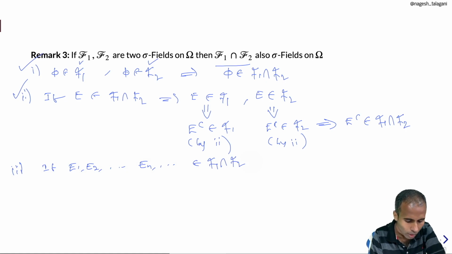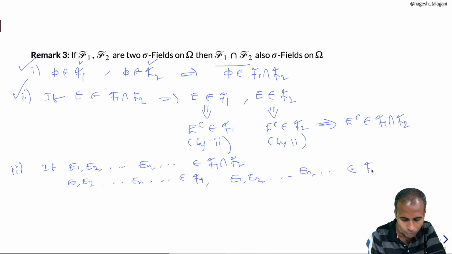First of all, what is the meaning of this collection sitting in both? That means this collection is in script F1 as well as script F2.